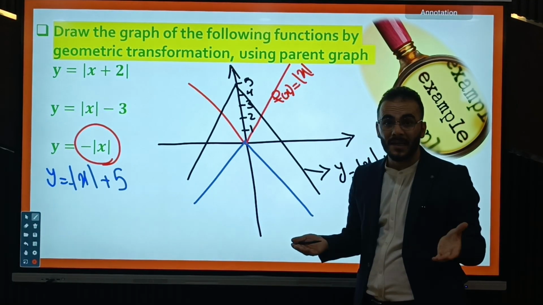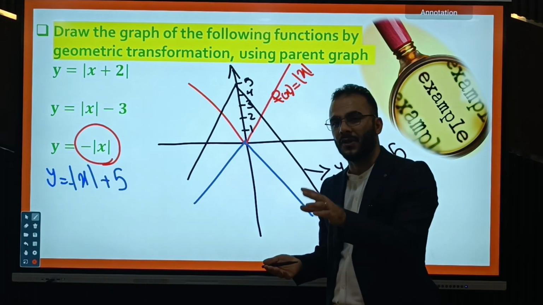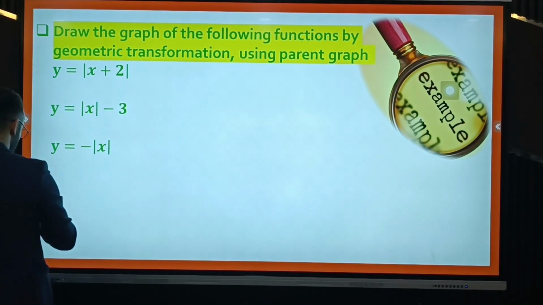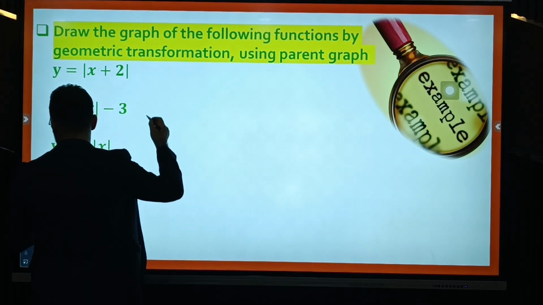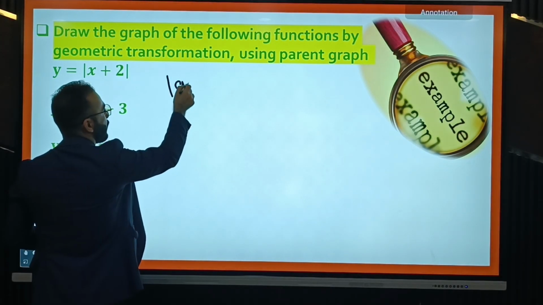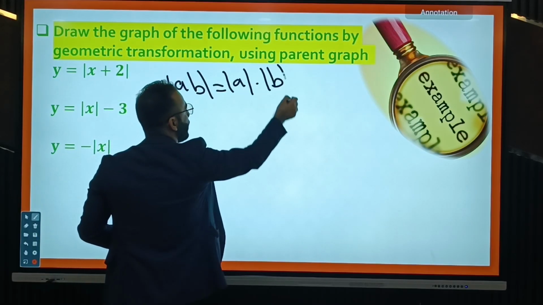So this is the end. But there is something else in your book, like the characteristics of absolute value functions. I hope that you can go and check it. For example, absolute value of a times b is the same as absolute value of a times absolute value of b.